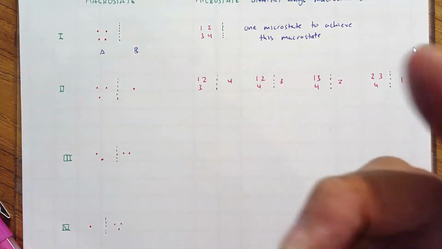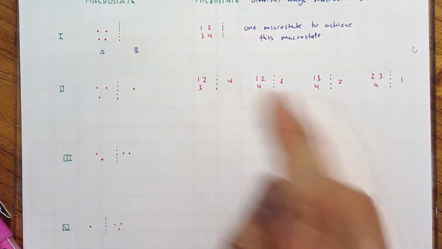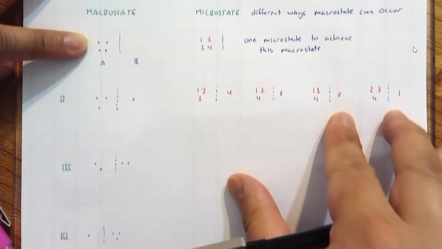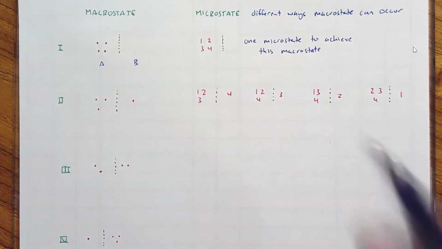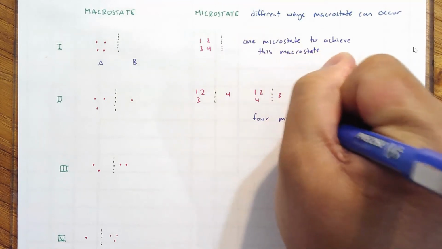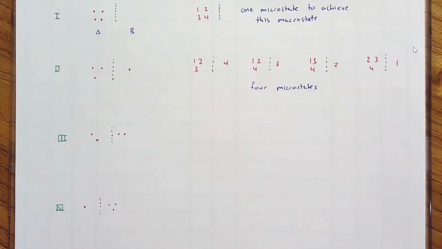And you could definitely say there's 4 times as greater probability that we'll have this macrostate over this macrostate. Okay? So there are 4 microstates. That's my conclusion. 2 and 2. This one will have the most.